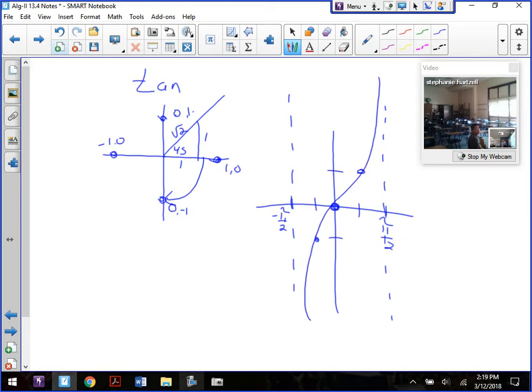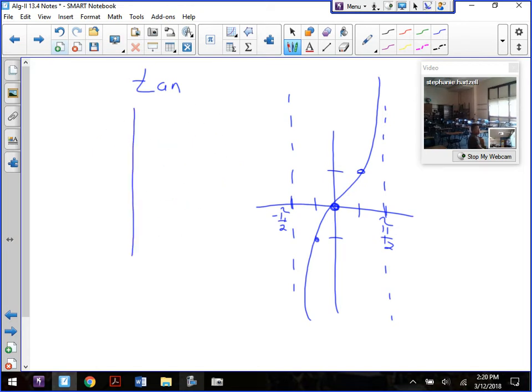Tangent's weird. Tangent is not continuous. It's not continuous because it's got the asymptotes. Okay? And it works its way through. So with tangent, when we're searching for angles that have values of tangent, we're still looking at that range between pi over 2 and negative pi over 2, but we don't include pi over 2.